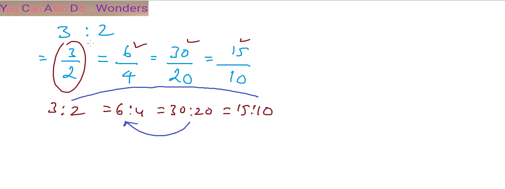And also the terms of the ratio should be of the same units. See, for example, if you want to write the ratio between, say, 30 centimeter and 1.5 meters, your units are different, correct?